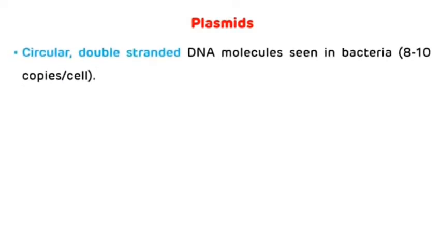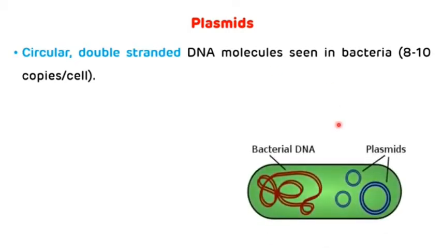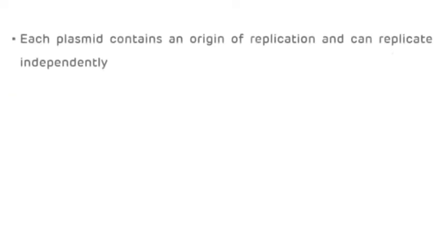First, plasmids. They are circular double-stranded DNA molecules seen in bacteria, and they are extrachromosomal. Each plasmid contains an origin of replication, that is the ORI site, and can replicate independently.